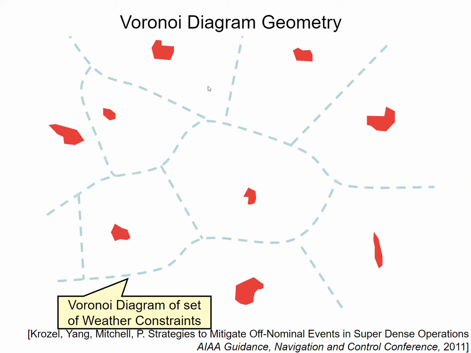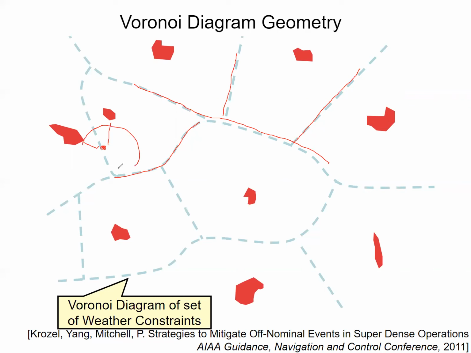So again, as usual here, the red represent the obstacles, so the weather systems. And these dashed lines now don't represent the sector boundaries. They represent the Voronoi diagram or the medial axis. So what is that? It's the lines that go as much in between the obstacles as possible. Or formally, if you look at any point on the medial axis, it is equidistant from two obstacles.